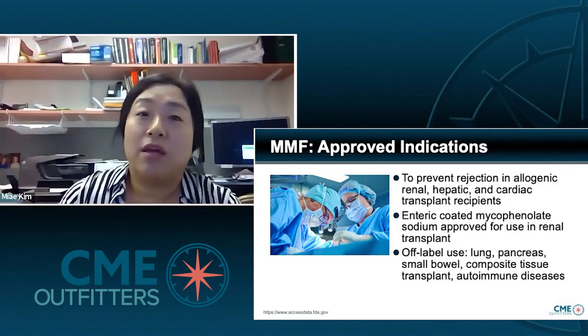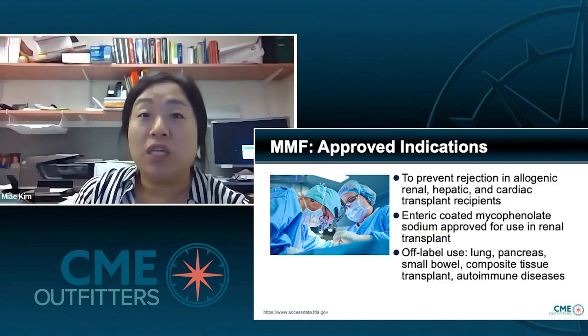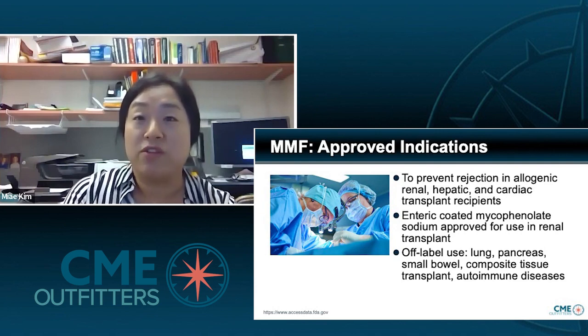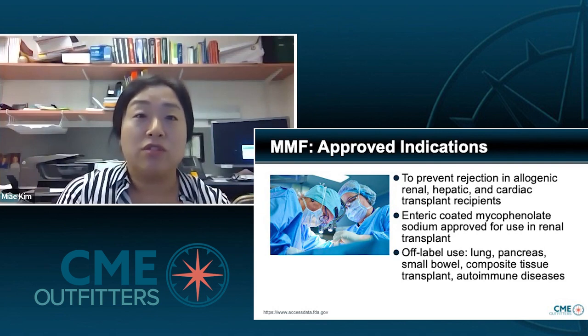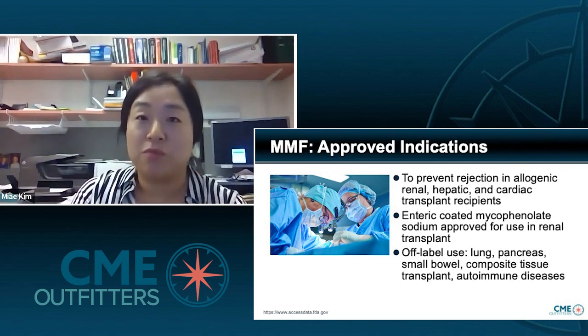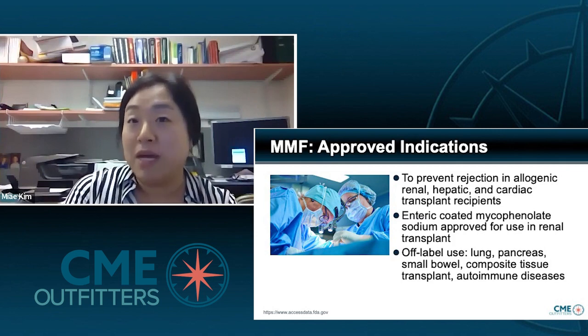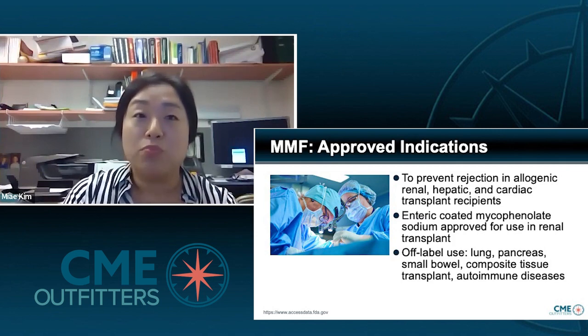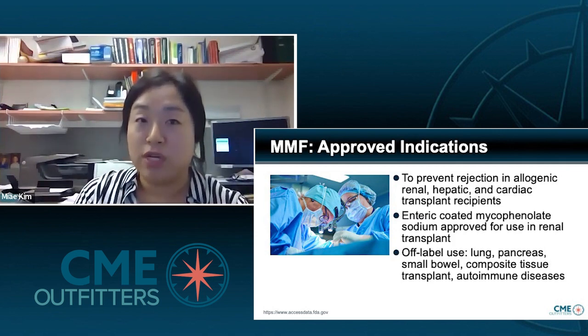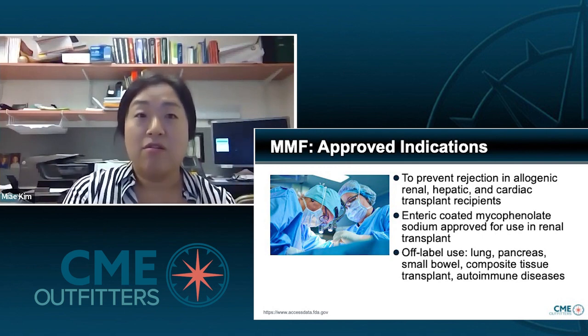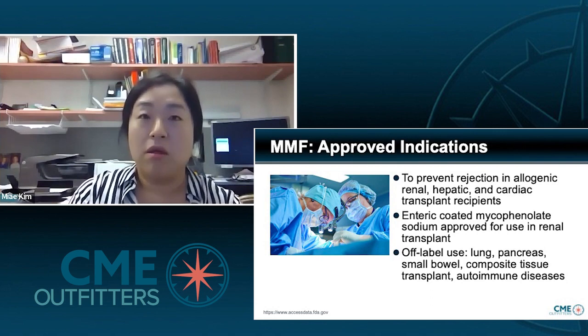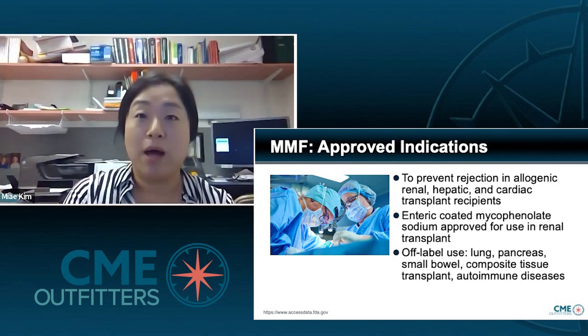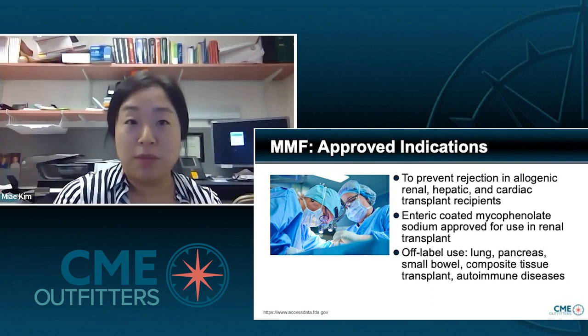Currently, mycophenolate mofetil is only FDA approved for the prevention of rejection in allogeneic renal, hepatic, and cardiac transplant recipients, and the enteric-coated mycophenolate sodium is approved for use in renal transplant. However, they are often used off-label in lung, pancreas, small bowel, and composite tissue transplant.